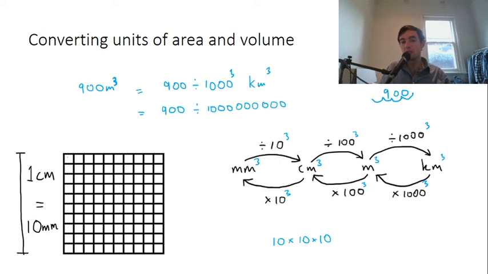So we're on 1, 2, 3, 4, 5, 6, 7, 8, 9. Okay, so that means we've got to write 6 zeros and then a 9. So it's 0.00000009 kilometers cubed. So even though it's a lot of meters cubed, it's really not a lot of kilometers cubed.